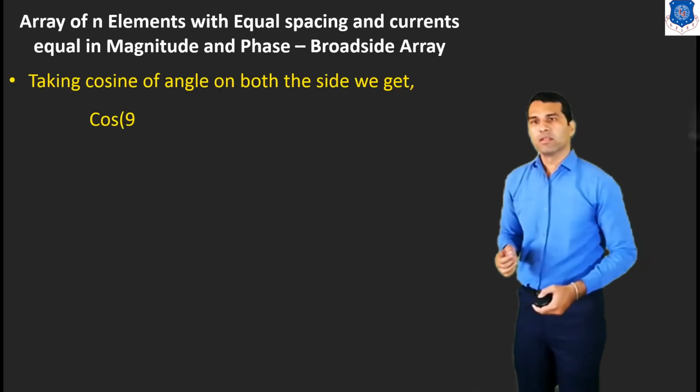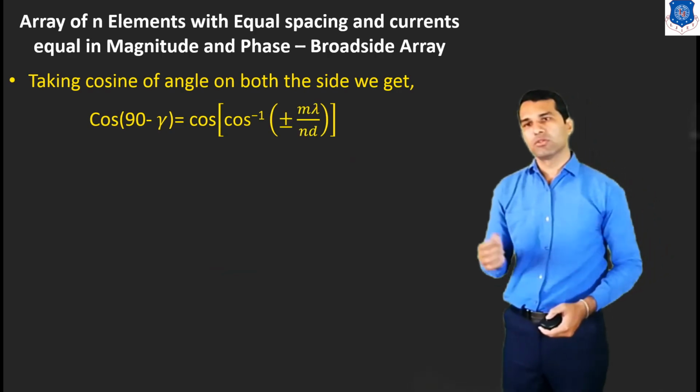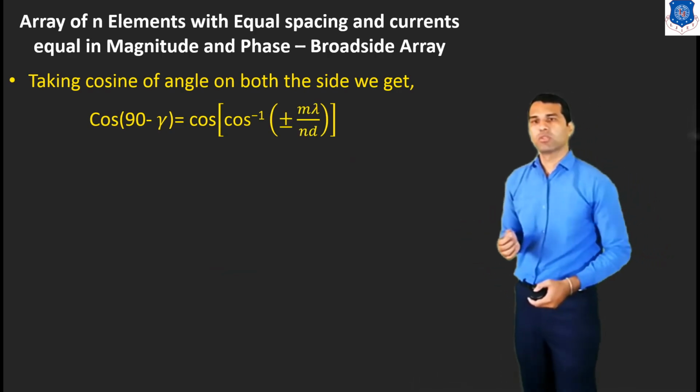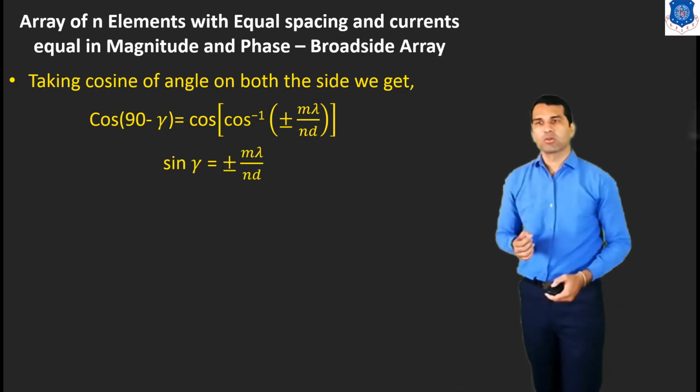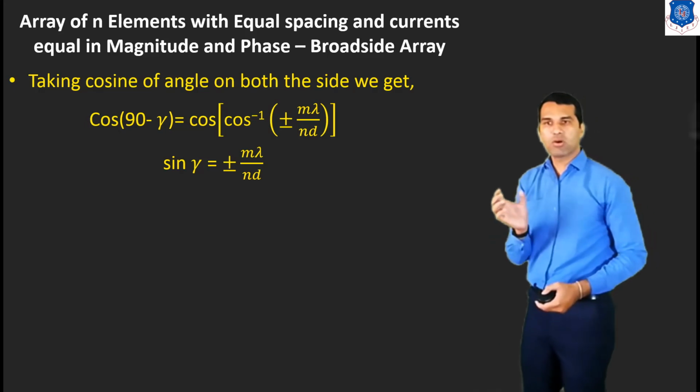Now taking the cosine of the angle on both sides, cos(90 minus γ) is nothing but sin γ, and cos of cos inverse cancels.